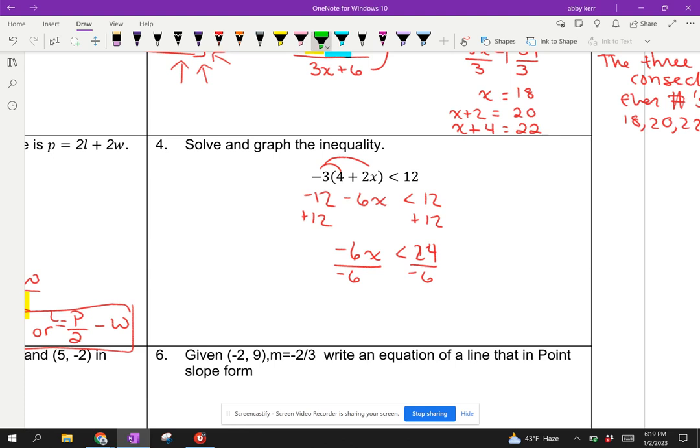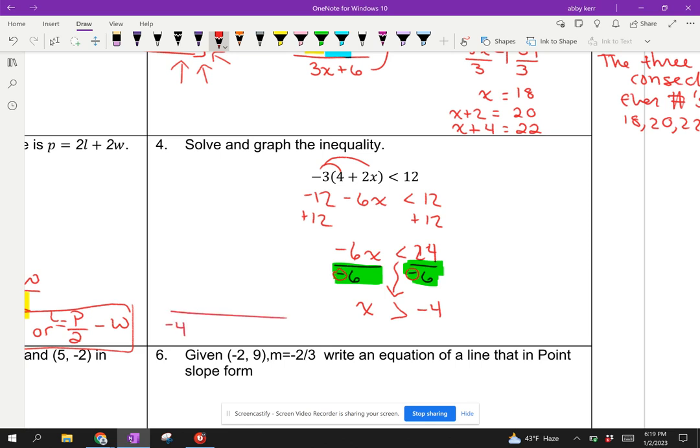Whenever you multiply, or in this case, divide by a negative on both sides of the inequality symbol, you have to remember to switch the symbol. So right now it reads less than, so I have to switch it to greater than. Now that is only when you are dividing or multiplying both sides by a negative.